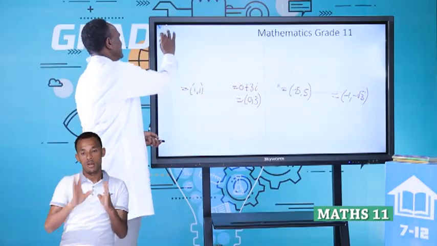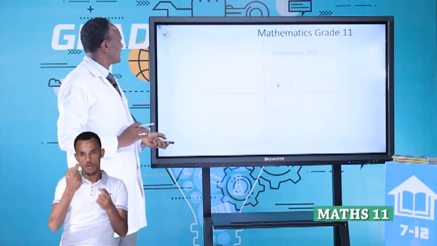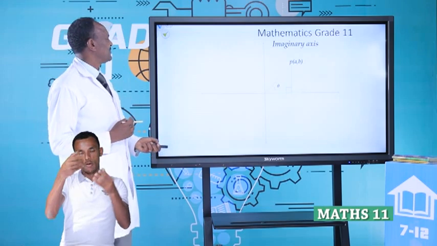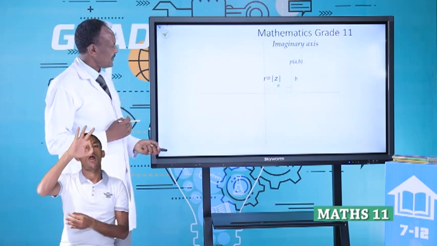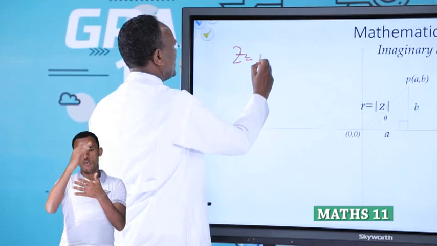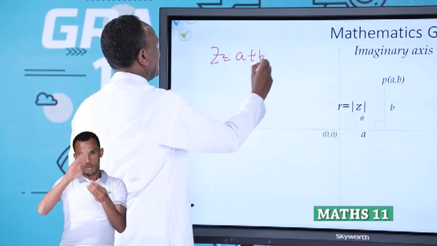Then let us see how it is possible to find the position vector, how to express the given complex number in polar form. Assume that we are given z is equal to a plus bi.